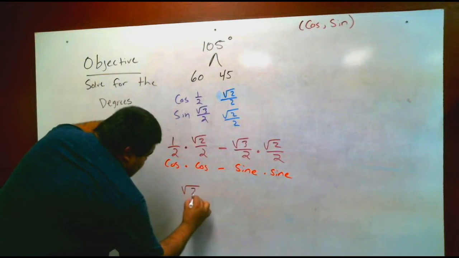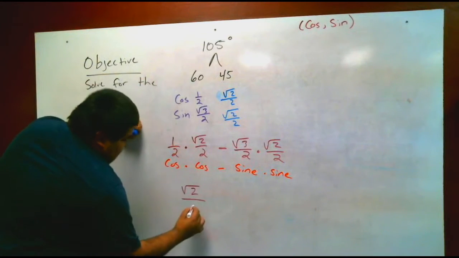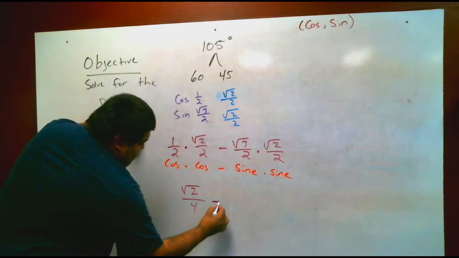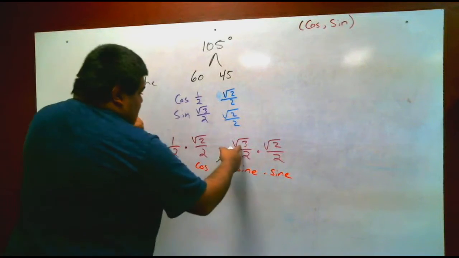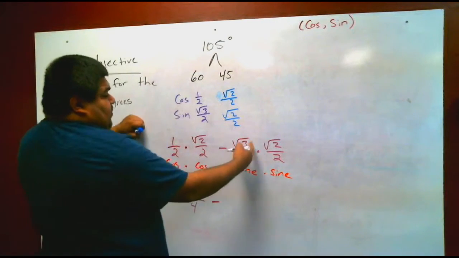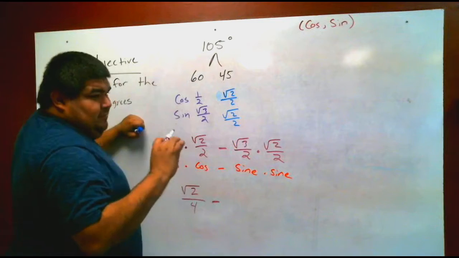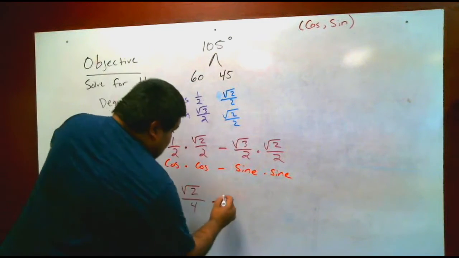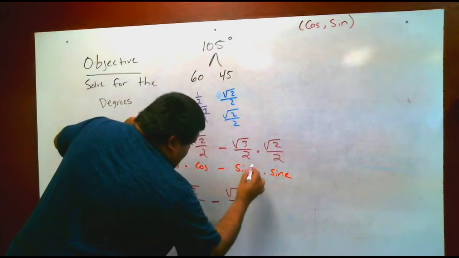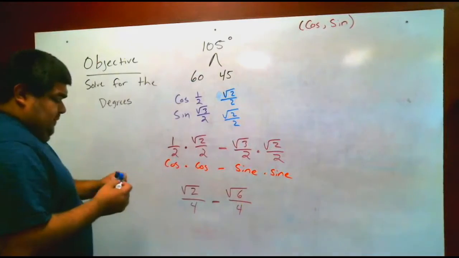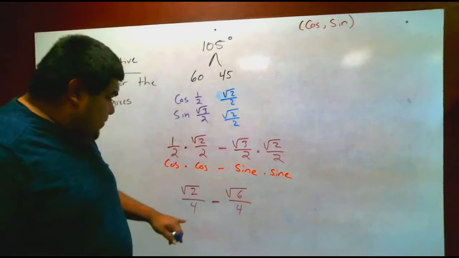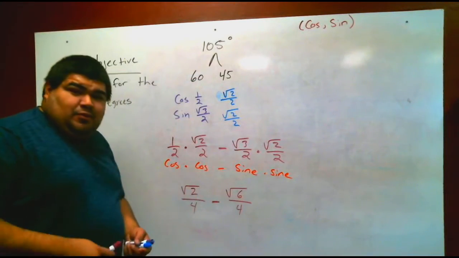So radical of 2 over 2 times 2, which is 4, minus, since they're both radicals, we can combine them. 3 times 2 is radical of 6 over 4.